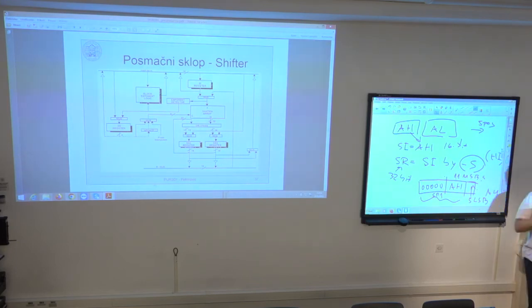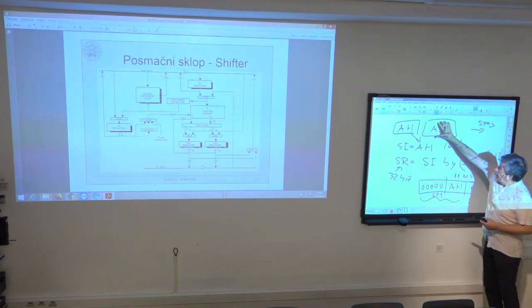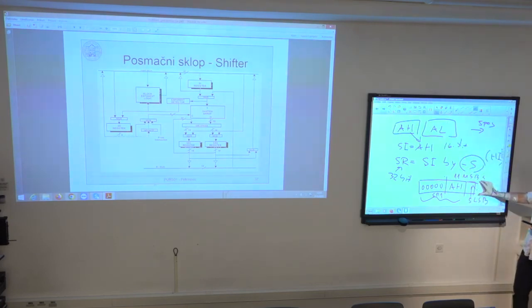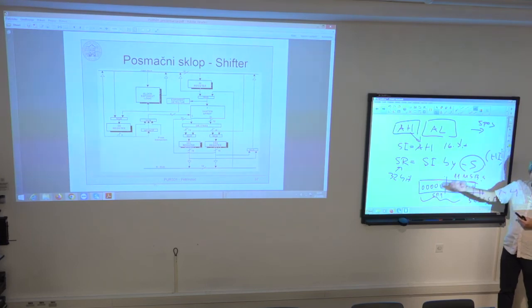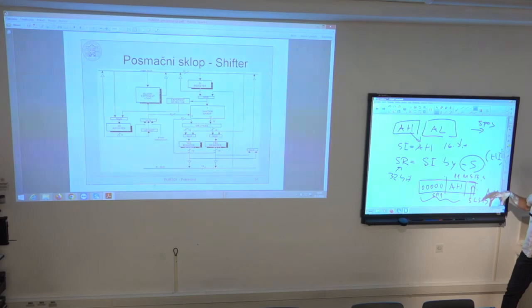Now I want to do the same thing for the lower word. But in order to place this A low over these 11 bits in the lower word, what do I have to do? I must retain this value from before, from the first instruction, from shifting of the upper word. I must combine the result of shifting of the upper word with shifting of the lower word. Okay? And this combination is done how? By OR operation. By simply ORing the result.